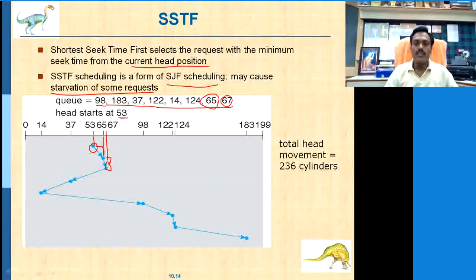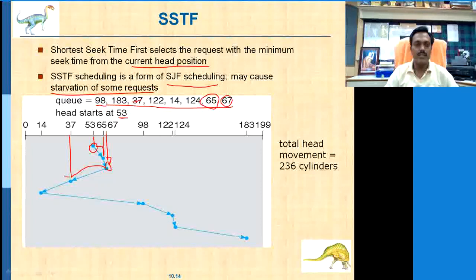Now what is the nearest cylinder from this 67 out of all the given cylinders? It is 37. So it goes to the 37 cylinder. Now from 37 cylinder, which cylinder is nearer to 37 so that it will take the shortest time to transfer the data?